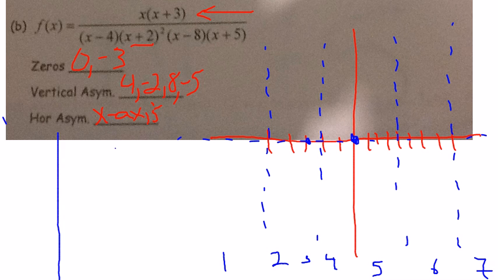So I make a chart. I want to plug in different values to this fraction up here and figure out if they're positive or negative. The first value that I'm going to plug in is negative 6. I'm just going to count negatives, so I'm going to use my fingers. So I've got 2 negatives so far.